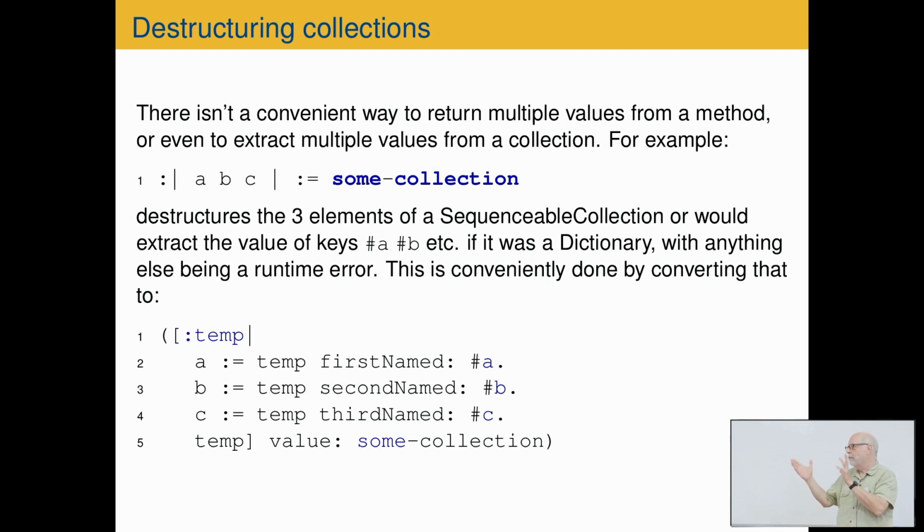How they do that is they create essentially a dictionary. The compiler automatically creates a dictionary if you have more parameters than it knows about, and then it deconstructs it out of that dictionary.